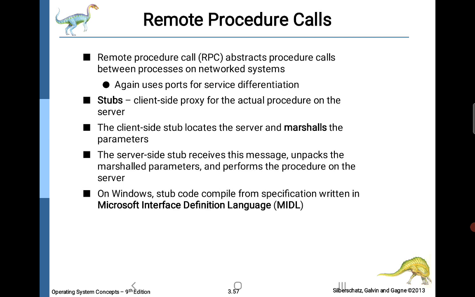But having these two procedures on two separate computers connected through a network makes things a bit complicated. Usually, you use the function name and you pass the values of the parameters. The same happens here.